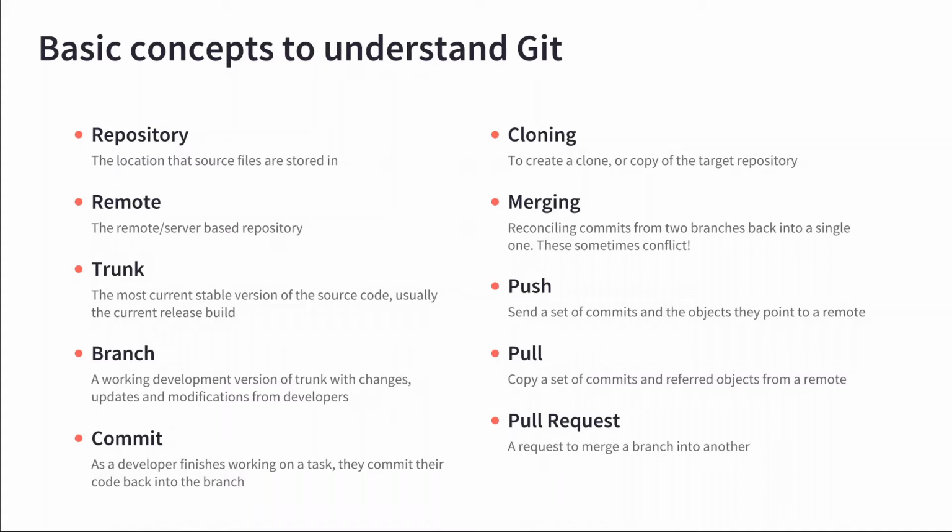Merging is something that comes from the branching part. So when you've branched away from the trunk and you've done your changes, what you then need to do is put it back into the main trunk. You have to merge, and what that means is that it merges your source code with the existing source code in the trunk. And sometimes you may have changed something that another developer may have also changed at the same time, in the time that it took you to branch out, change code, and remerge.